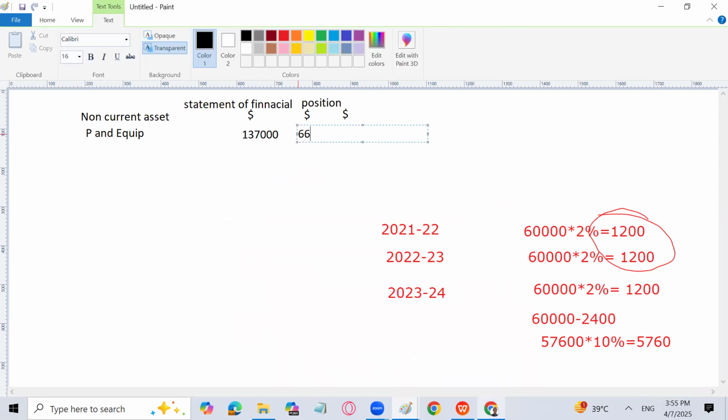So calculate the net book value. What is the net book value? 70060. Okay.